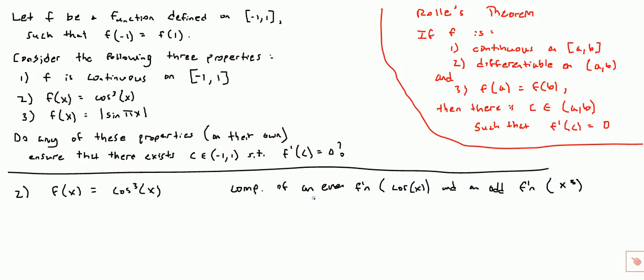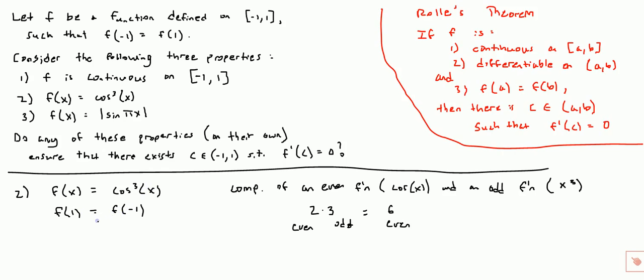And we know that the composition of an even function with an odd function is even. It's just like multiplying numbers, right? 2 times 3, 2 is even, 3 is odd, that equals 6, which is even. Function composition works the same way. So since it's even, we know that f of 1 is equal to f of -1. That might have been hard to do by just plugging in 1, because that's cosine cubed of 1 radian, which is kind of hard to figure out. So f of 1 is equal to f of -1.